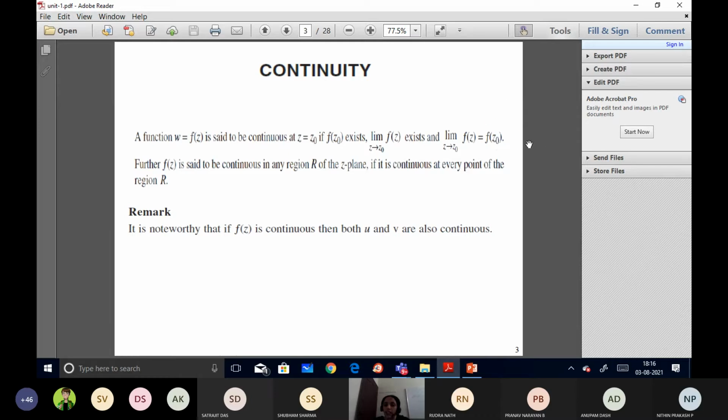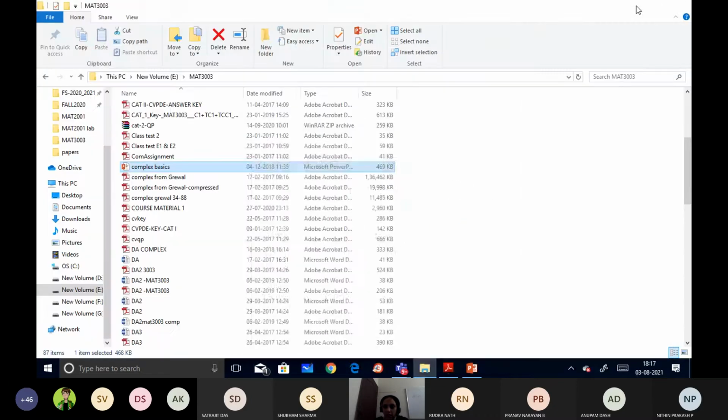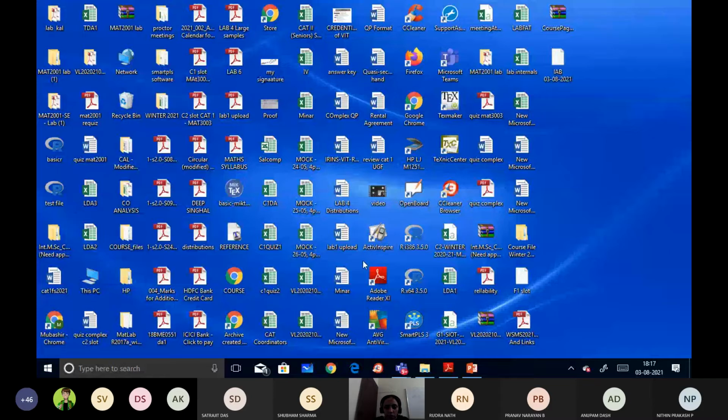In that case, we say that the given function is continuous. Further, f of z is said to be continuous in any region in the z plane if it is continuous at every point of that region. Okay, one minute. I'll just open the board also.